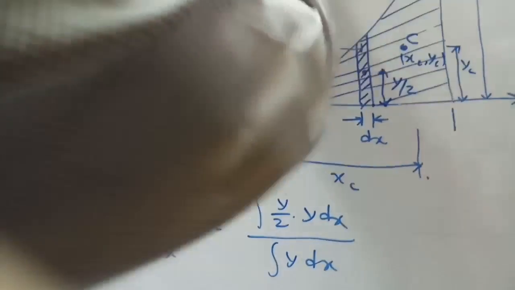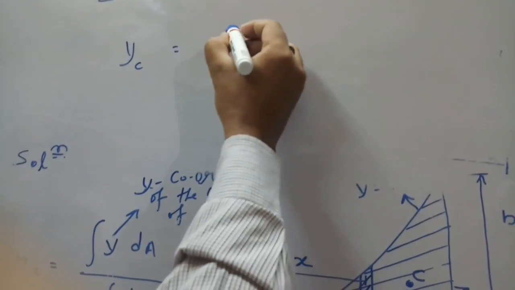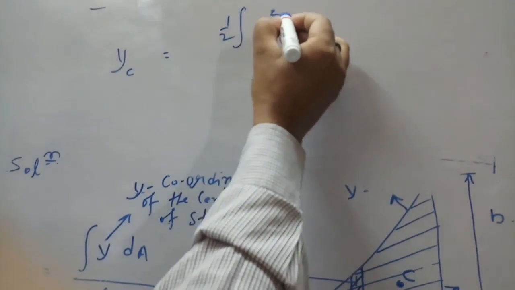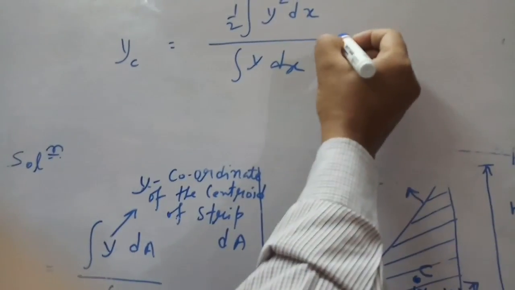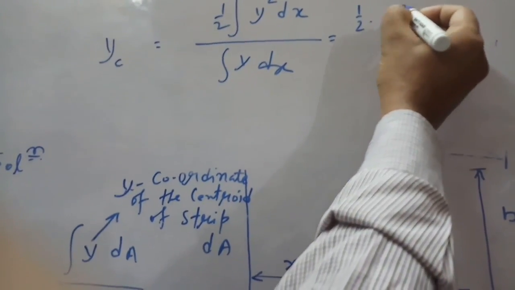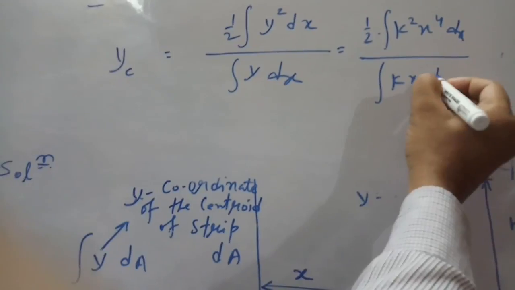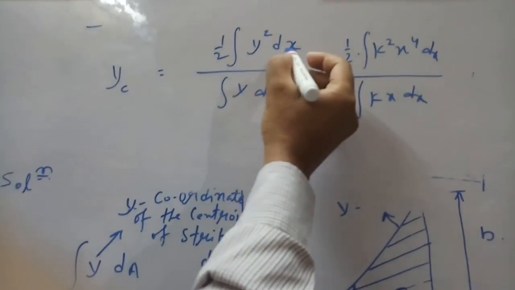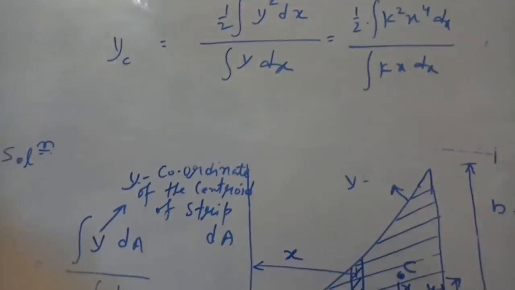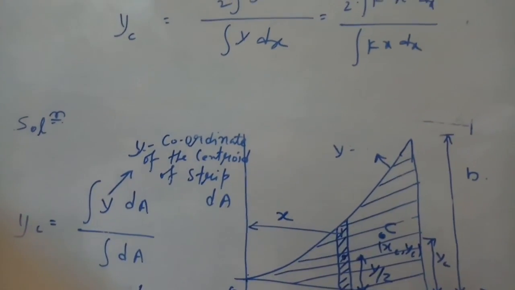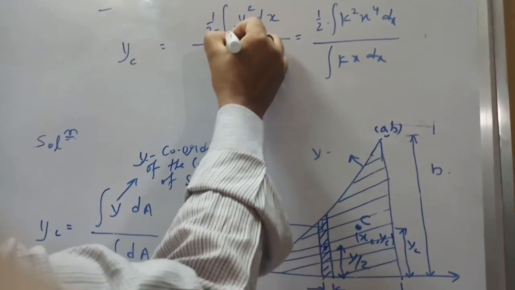That comes to yc equal to integral y square dx by 2 integral y dx, that is half k square x to the power 4 dx by integral k x square dx. The variable is x, which moves from 0 to a, so the limit is from 0 to a.